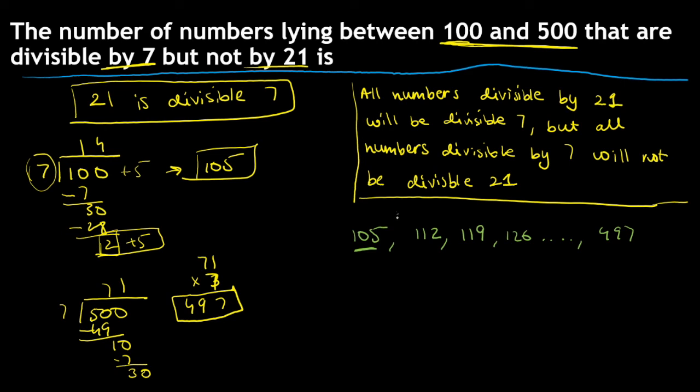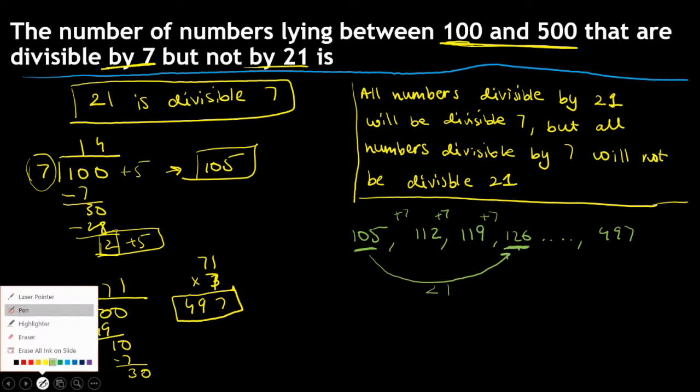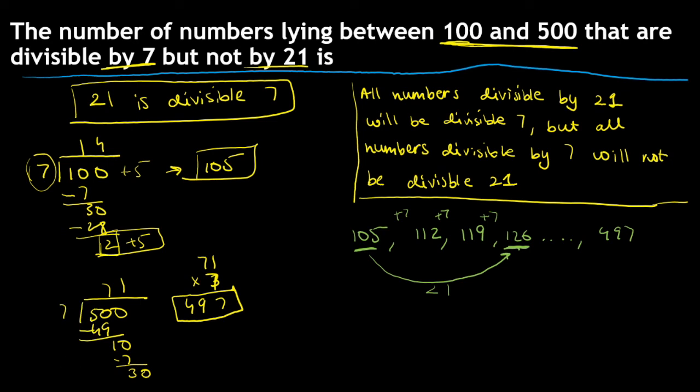Now, this is being incremented by 7, this is being incremented by 7, and this is being incremented by 7. So when we increment it 3 times, we get 21. So this number and this number have a common difference of 21, right? What we notice here is that in every 3 terms, we get one number which is divisible by 21.